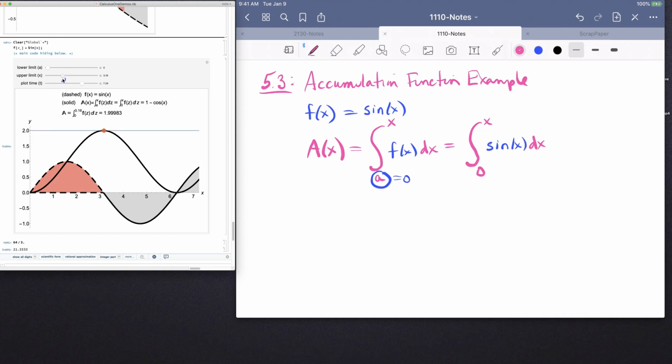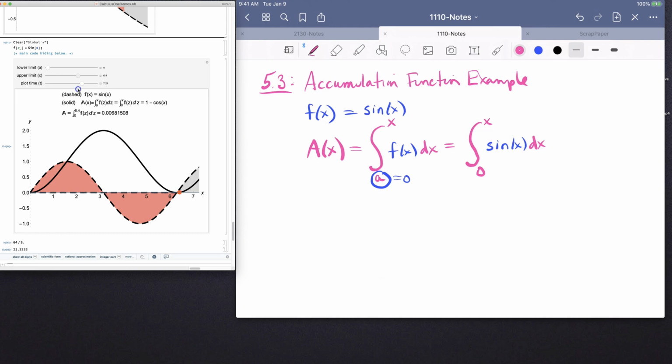But something interesting happens right here at this point. This is the largest area that we have accumulated. You can see that it is at the biggest value. It looks like it's at 2. But then after this value of x, we start to get negative area, and that negative area is subtracting from the area we've already accumulated, and these negative areas start to add up with our positive areas, and they're bringing the accumulated area down and down and down until we reach this point where there is as much negative area as there is positive area, and our accumulation is a net of 0.